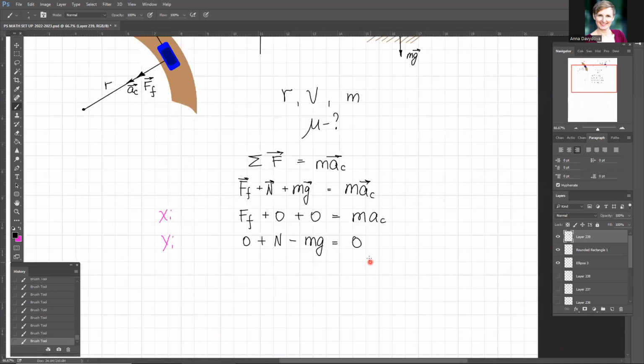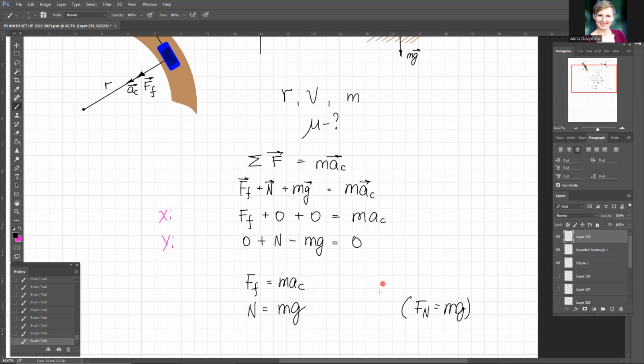So what do we take from here? It looks like if I just simplify the first line and the second line, it looks like F friction equals m AC and normal force equals mg. This one we have seen many times. Let me just rewrite it. Sometimes it's written like Fn equals mg.